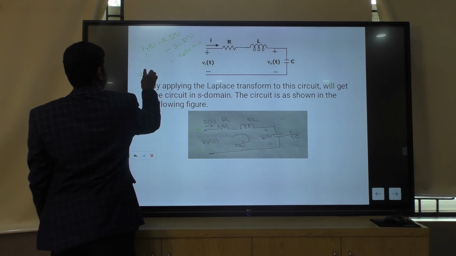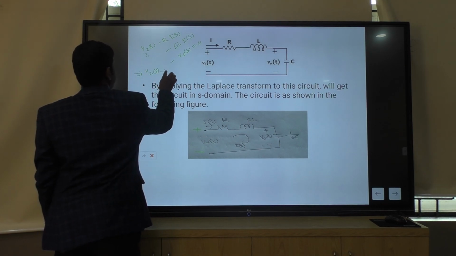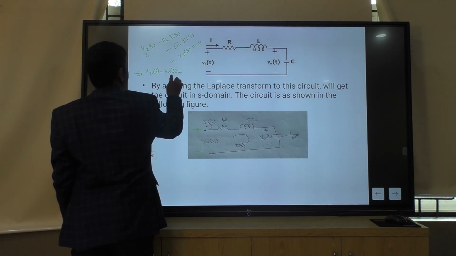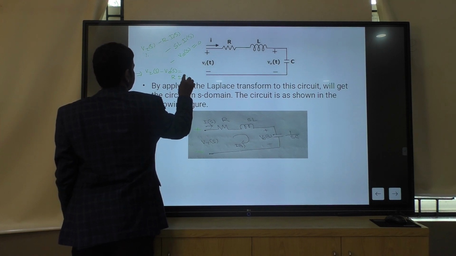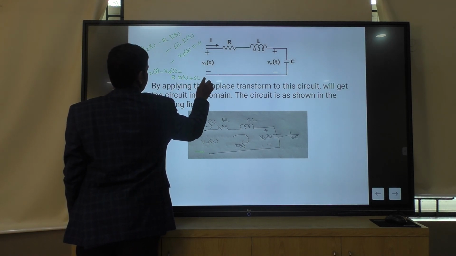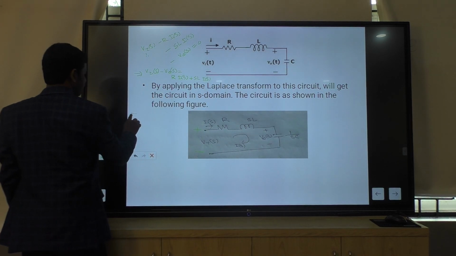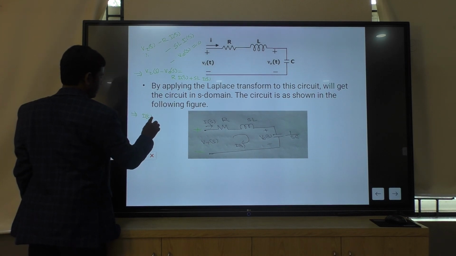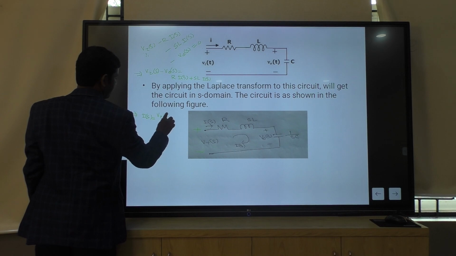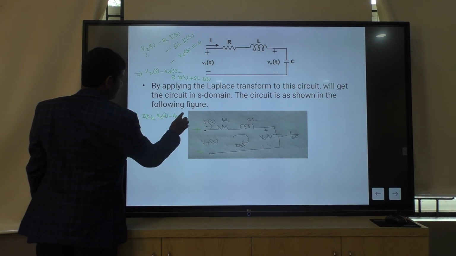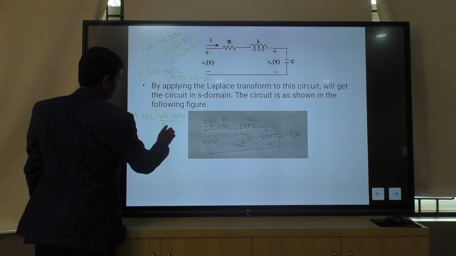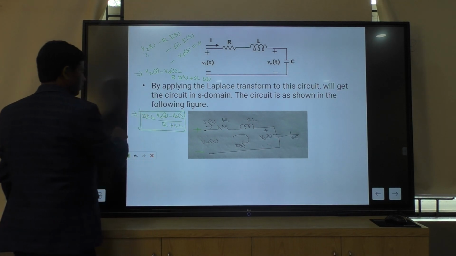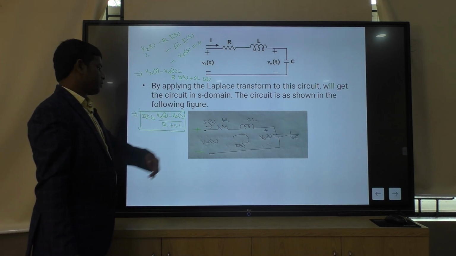If you simplify, V_i(s) minus V_0(s) is equal to R I(s) plus sL I(s). Taking I(s) common, I(s) is equal to (V_i(s) minus V_0(s)) divided by (R plus sL). This is a current equation, a Laplace equation, you get from here.